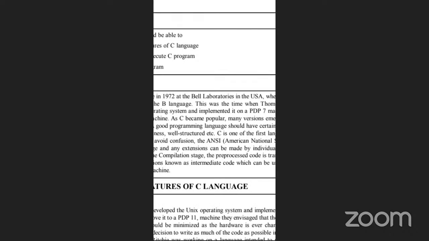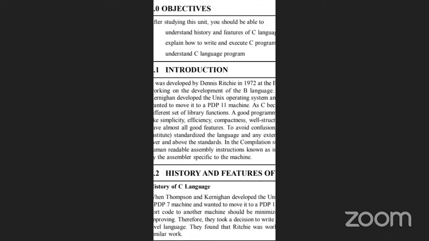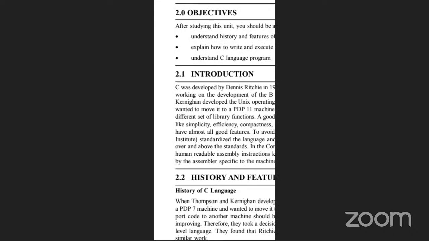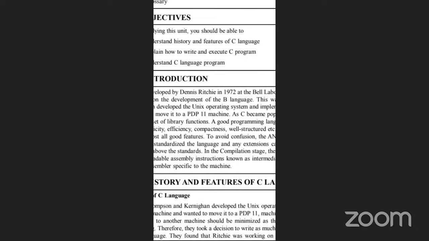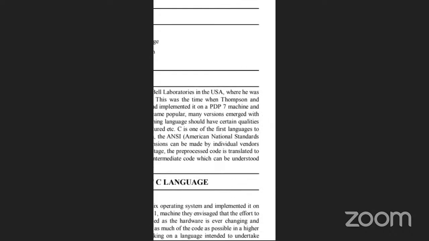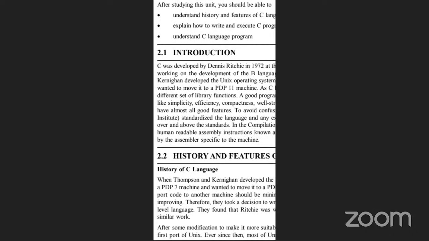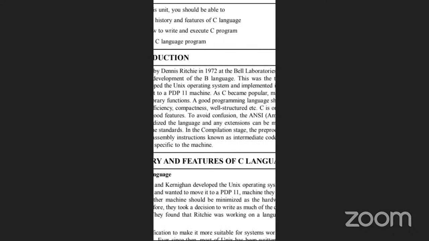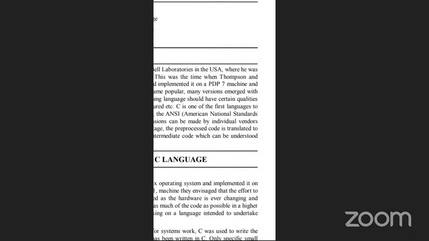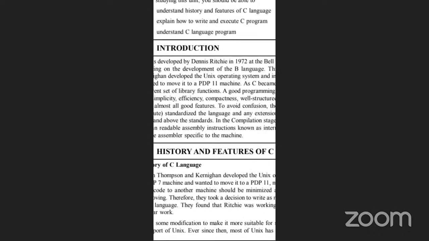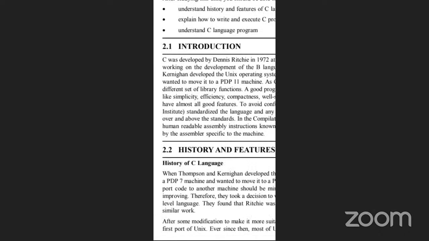This was the time when Thompson and Kernighan developed the Unix operating system and implemented it on a PDP-7 machine and wanted to move it to a PDP-11 machine. As C became popular, many versions emerged with a different set of library functions.